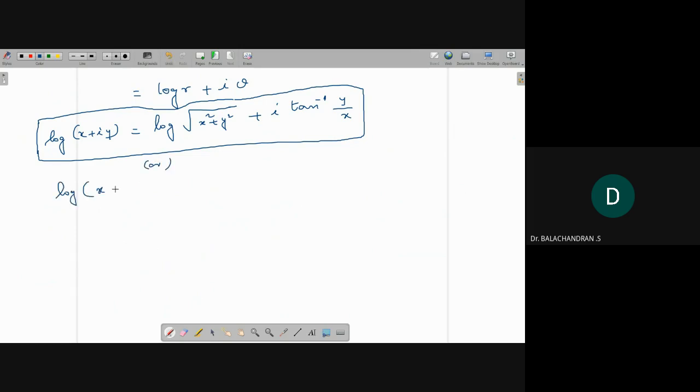Because of the root, you can write half using the properties of logarithm. So you will use this result in the third semester.